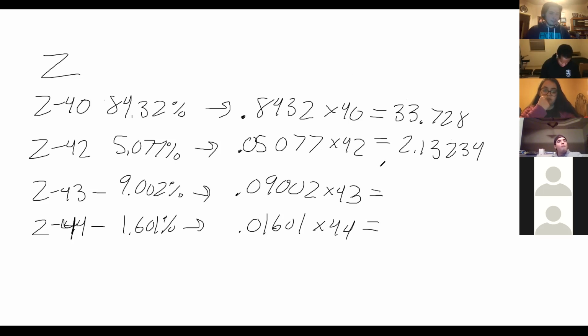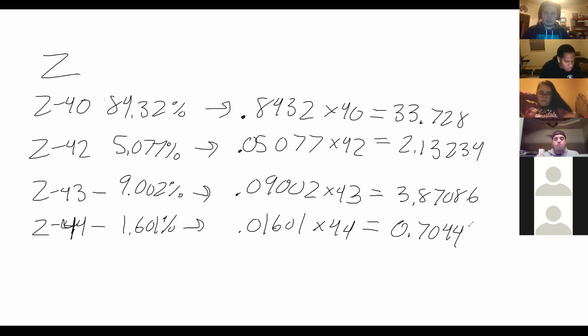Then we have 0.09002 times 43. That gives us 3.87086. I know I'm writing all the numbers, I just want to be as accurate as possible here. And then we have 0.01601 times 44, which gives 0.7044.